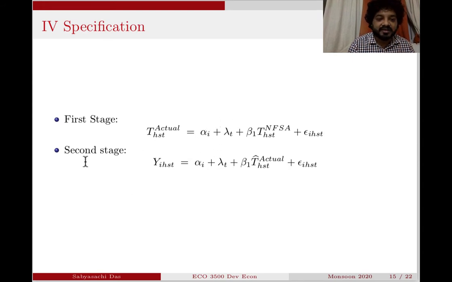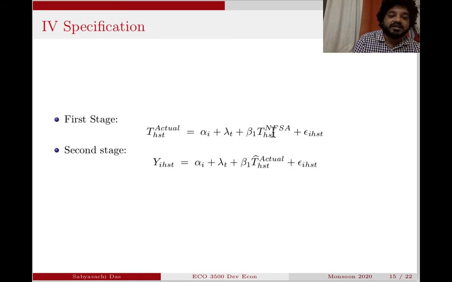Because the actual regression has individual specific outcomes, which are labor supply and market wage. So you want to regress your labor market outcomes, labor supply and wage, on the actual, but instead of the actual transfer, you use the transfer predicted from the first stage regression.